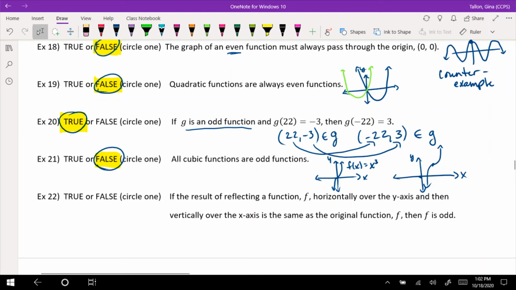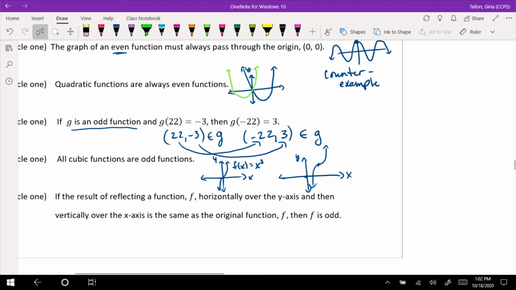If the result of reflecting a function f horizontally over the y-axis and then vertically over the x-axis is the same as the original function, then f is odd. Let's see. Well, let's think about that.